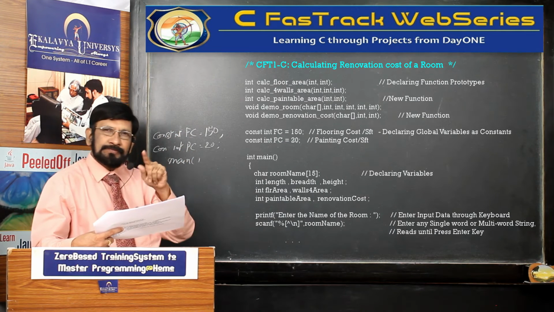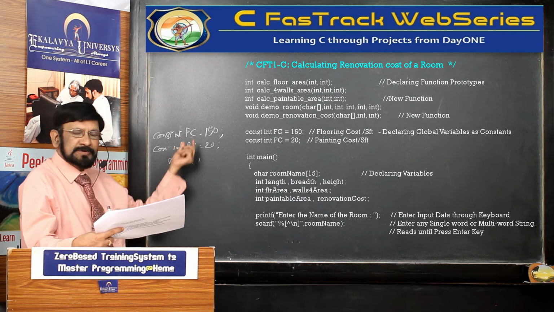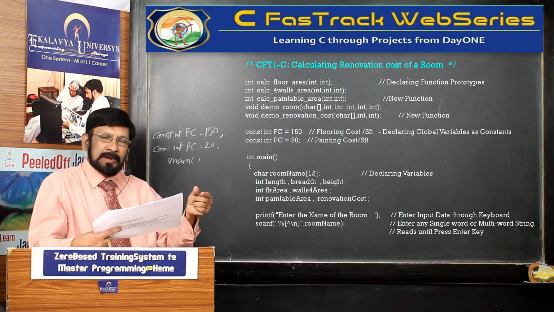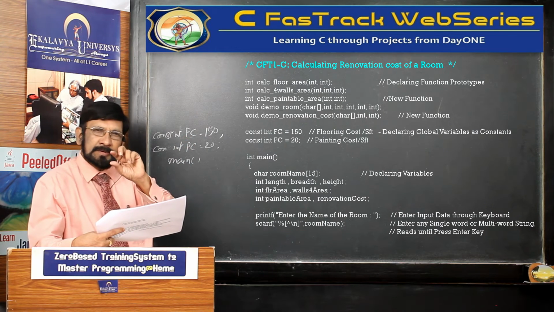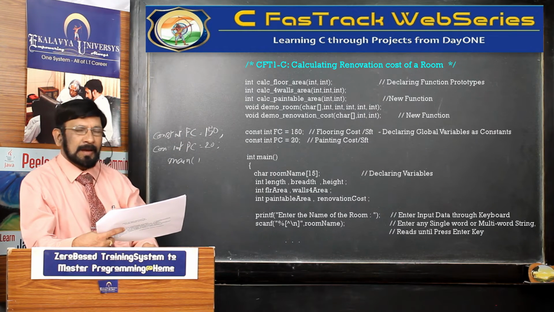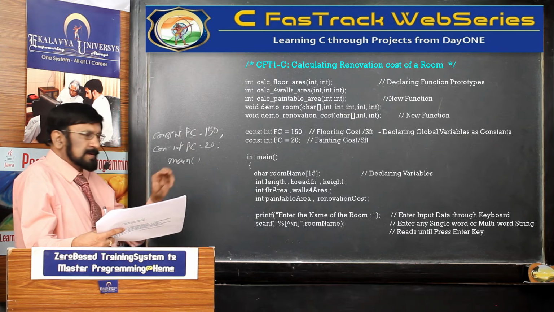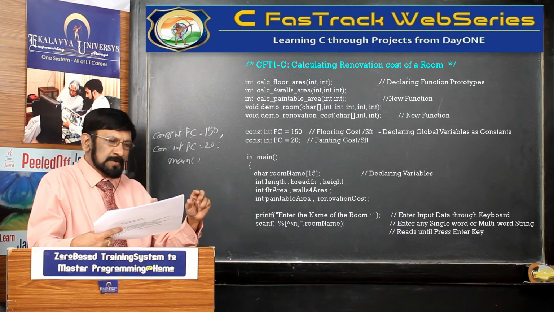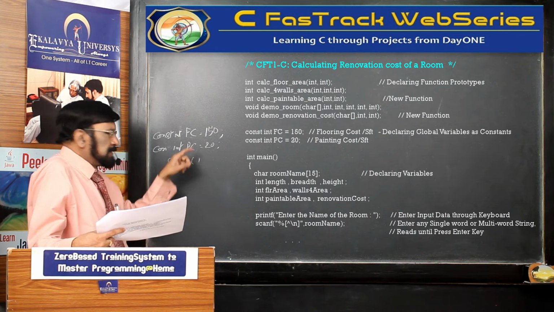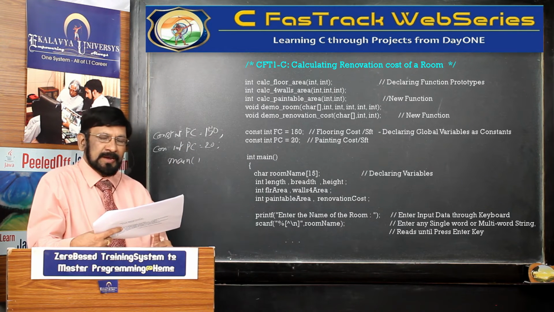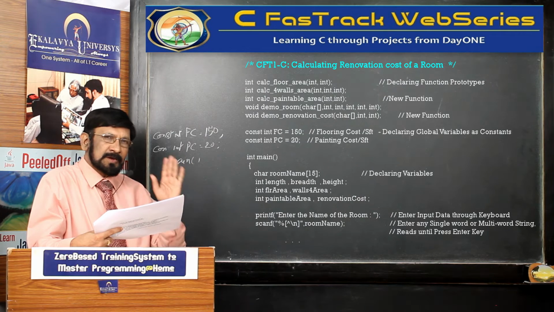And one more norm you have to understand, this is a convention. Whenever we declare some constants, their name should be written in uppercase. By that, one precaution is there. Whenever you see everything in lowercase and something in uppercase, you prima facie understand that this is fixed. This is a constant value.